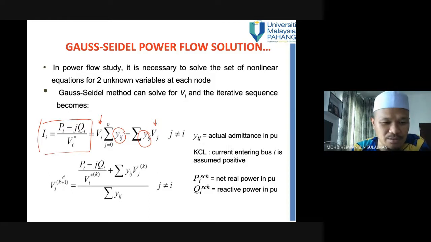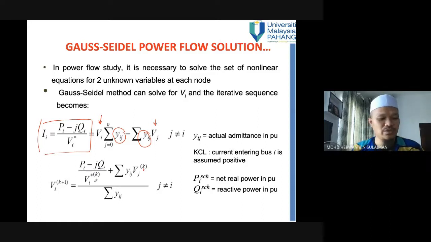Let's say k is 0, meaning the initial value, then for the next iteration you get k plus 1, meaning V1. So this is the current iteration, and this is the previous iteration. Vj is also the previous iteration, so you can get the value of Vi.